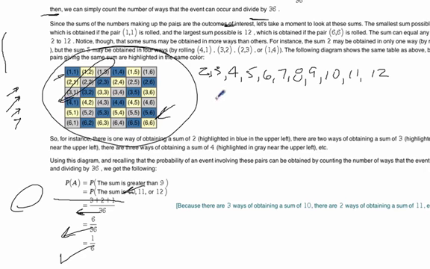That's 3 of them. 5 counts, and there's 4 of those, right? 4 outcomes out of 36. 7 counts because it's not divisible by 2. And how many of those? 1, 2, 3, 4, 5, 6, etc., etc. 9 counts, and there's 4 of those. 11 counts, and there's 2 of those.